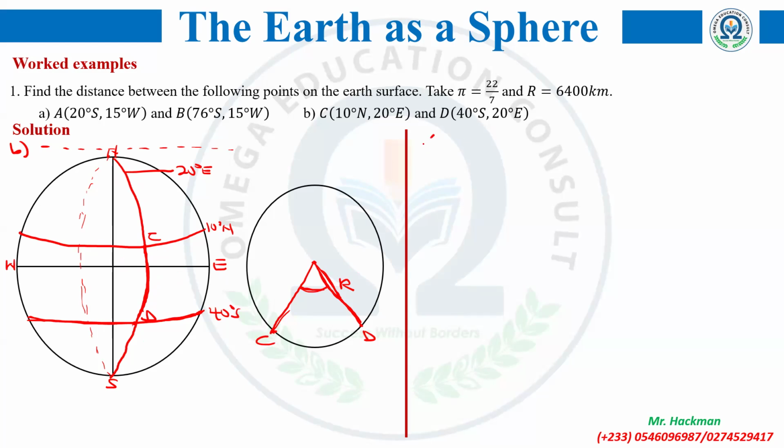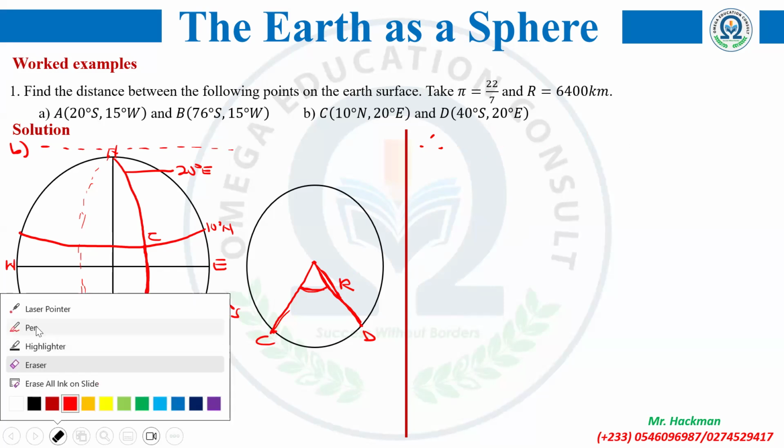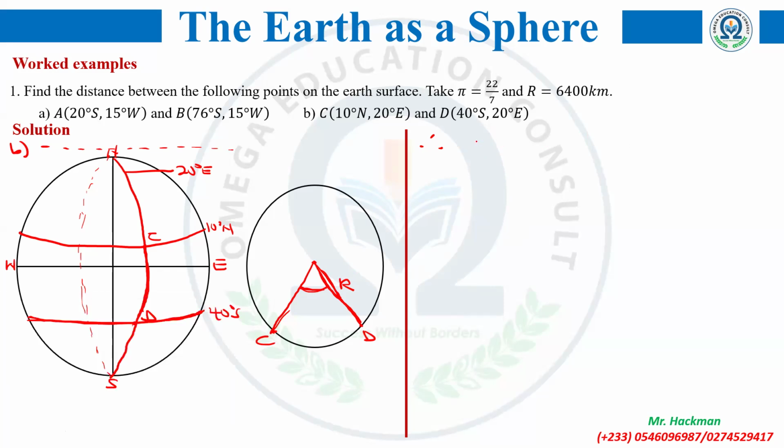So we can say therefore, arc length, which is the distance CD. Let me put it this way so that you can relate better. Therefore distance will be equal to arc length AB.